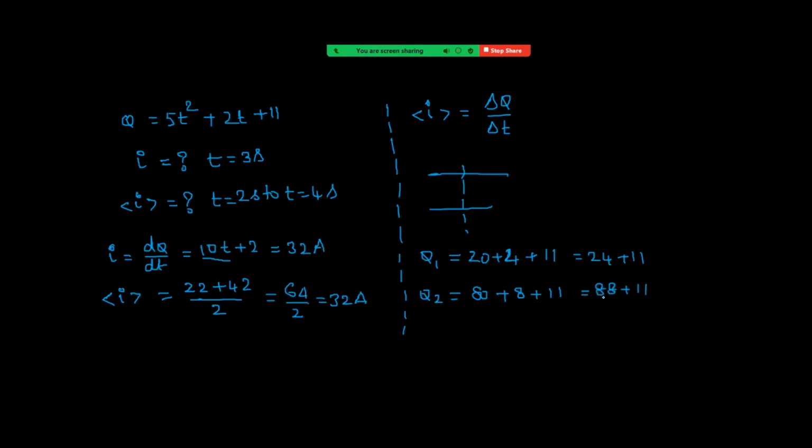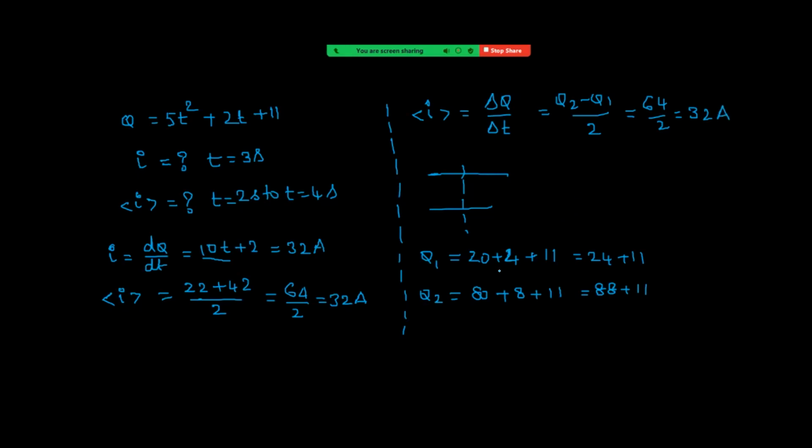Now see, Q2 minus Q1 upon delta t. Delta t value is how much? 2 to 4 seconds, it is 2. So 88 minus 24, that is 64. 64 by 2, 32 ampere.